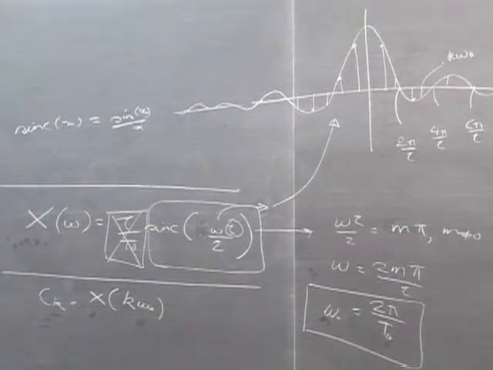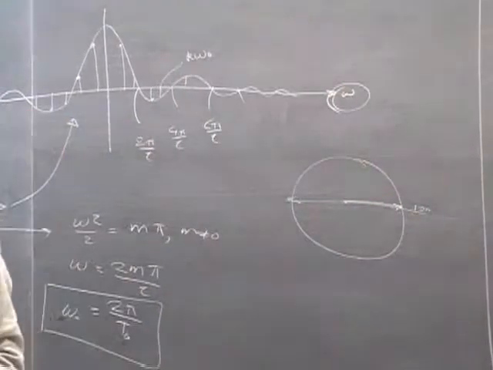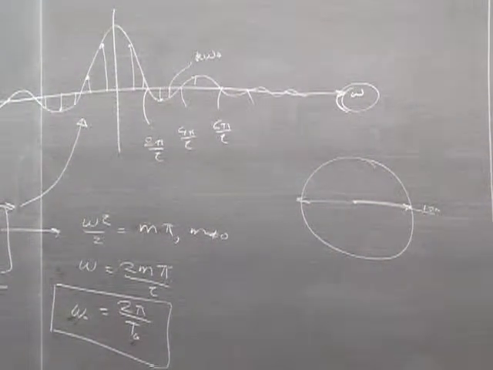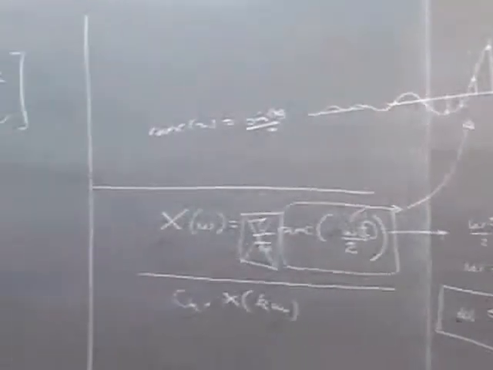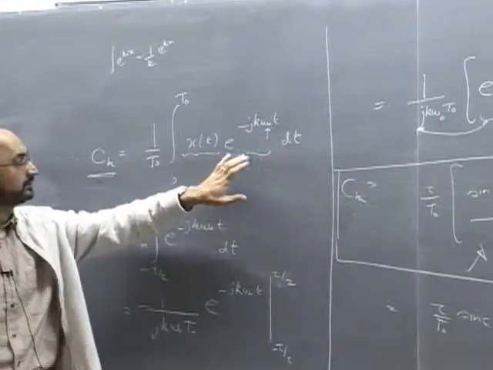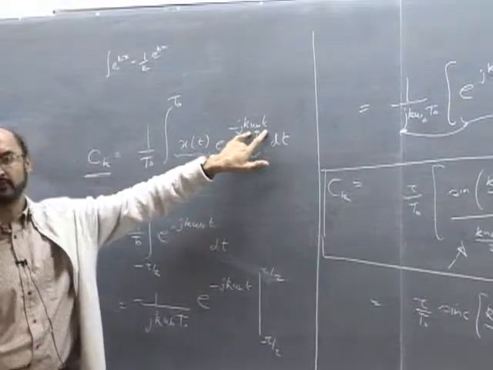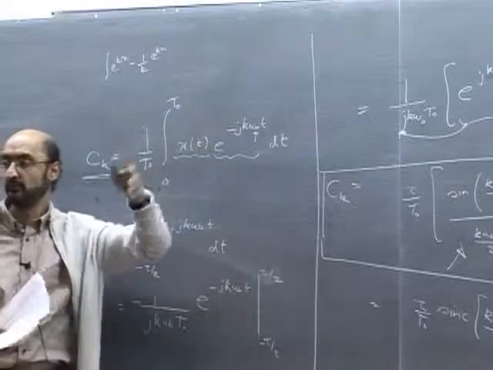Why is it important? Look at what's happening on the x-axis. I have omega, which is what we think of as the angular frequency of the phasor. Where did this come from? Omega came from the fact that by definition of the Fourier series, we have this e to the jk omega naught t, which is coming from the sine and cosine values of the Fourier series, right?